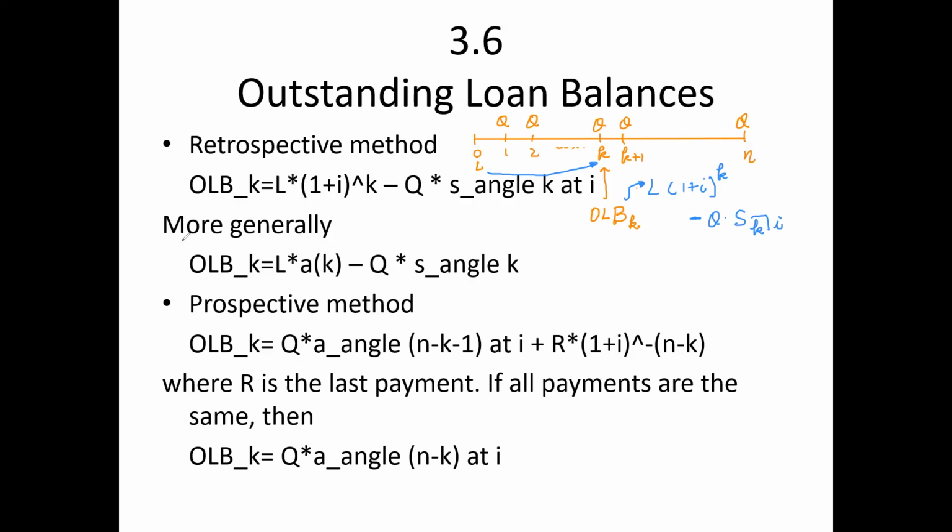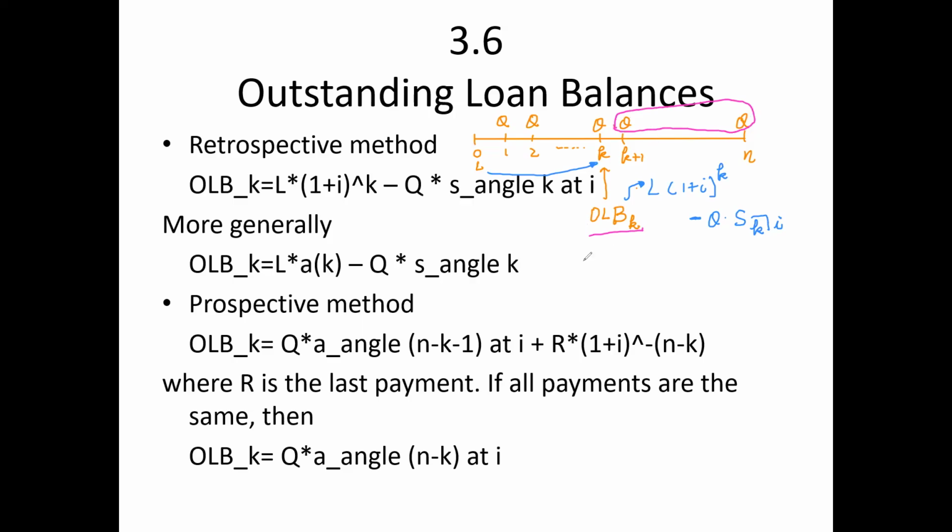Another method is to look forwards, so it's called the prospective method. We are looking at this balance as the present value of the part of the annuity that is left over.